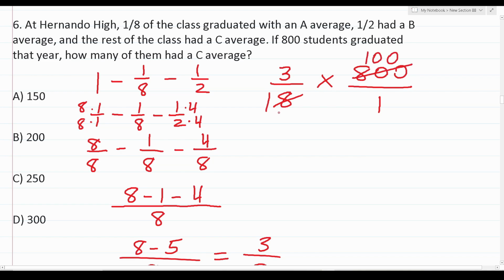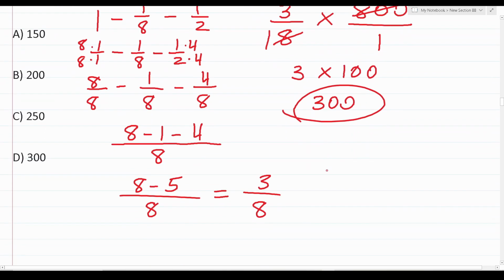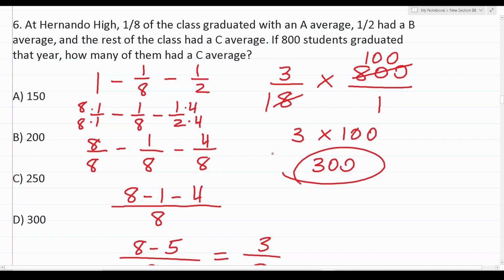So this says 3 over 1. 3 over 1 is just 3 times 100 over 1. 100 over 1 is just 100. 3 times 100 is 300. So to answer this question, 3/8 of the class graduated with a C average, which is 300 students out of 800 students. So the answer to this one is D, 300.